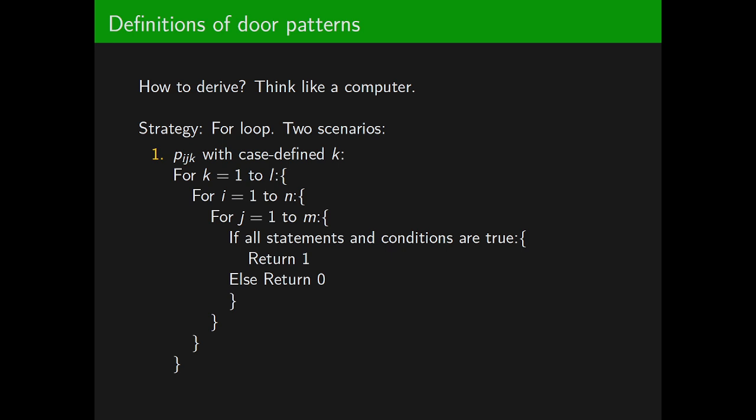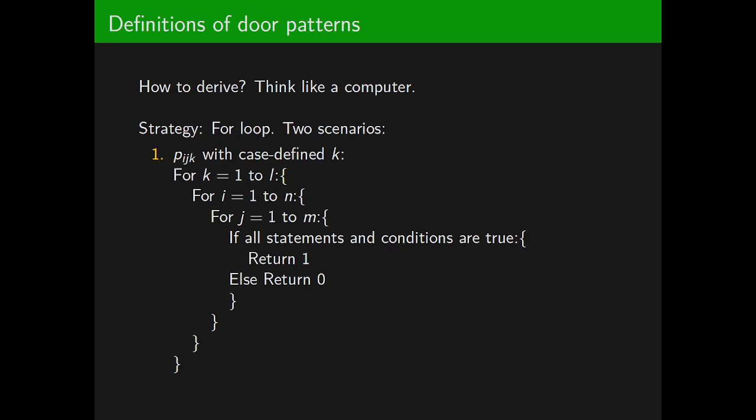And then now i goes from 1 to 2, and then j equals 1, 2, 3 to m, and then i equals 3, and then j equals 1, 2, 3 to m, and so on and so forth, until we completed all the loops for j and all the loops for i. And we're done when we completed all the loops for k. So that's the concept of a for loop.